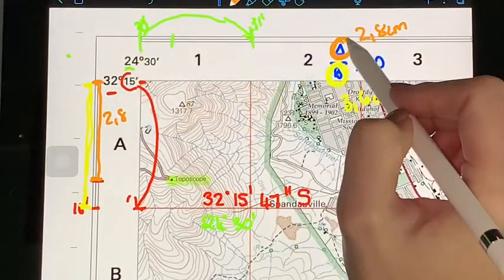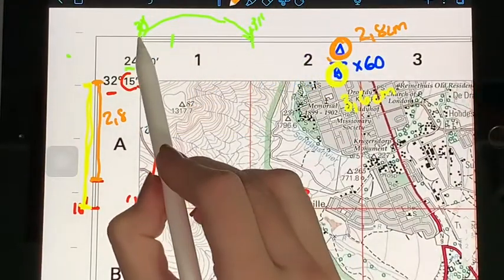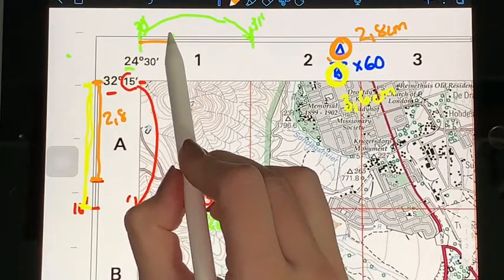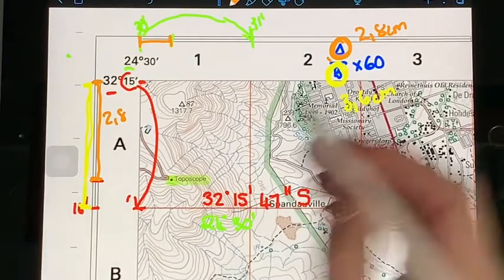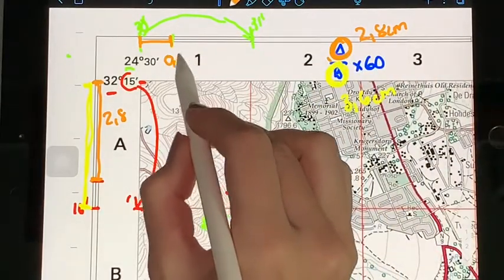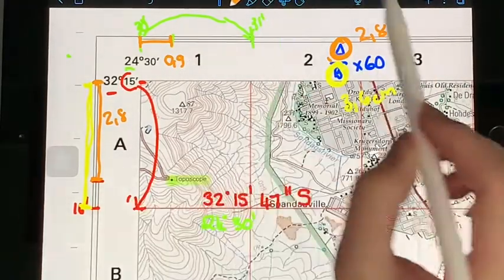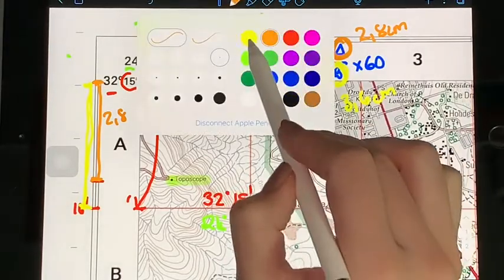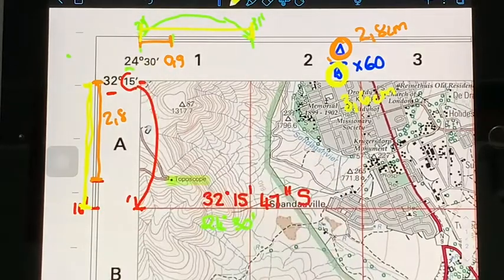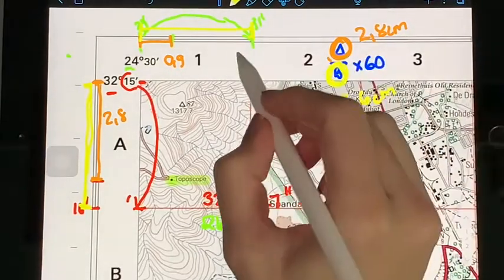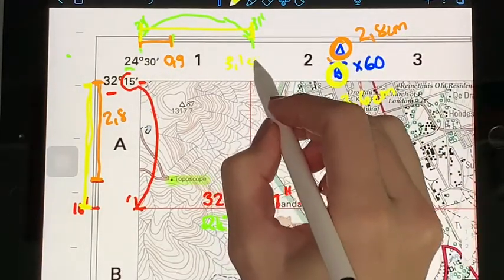Now we use the same formula to work out our seconds. The measurement of A along the margin would start at 30, and you measure to your point. I measured that as 0.9 centimeters. Then we measured the size of B, which is the entire size of the actual minute block, and in this case it is 3.1 centimeters.